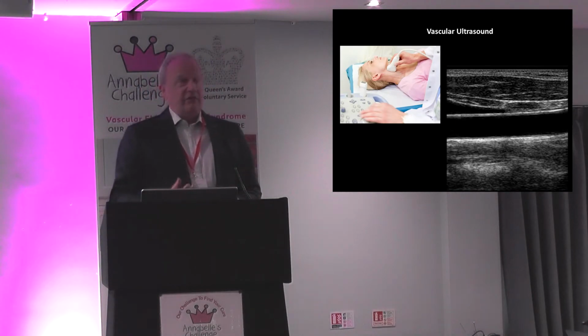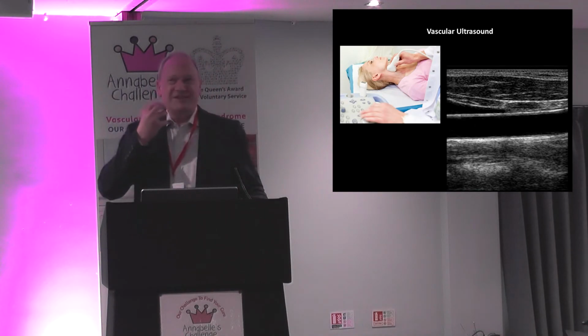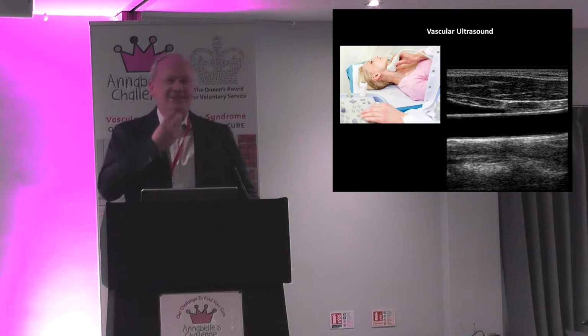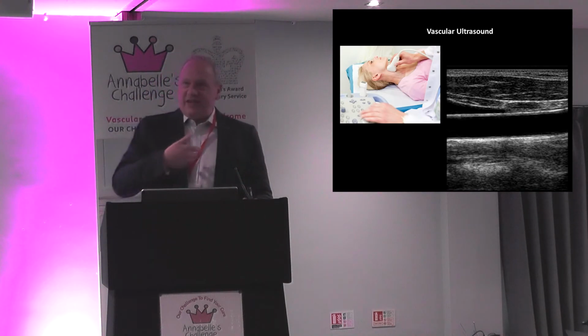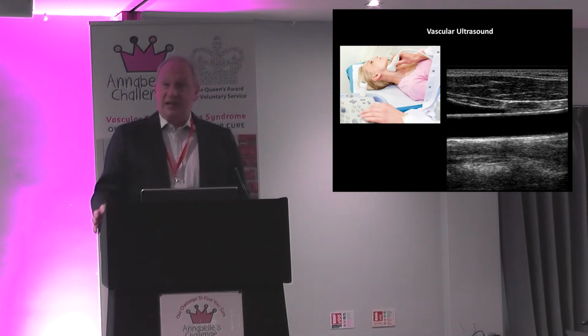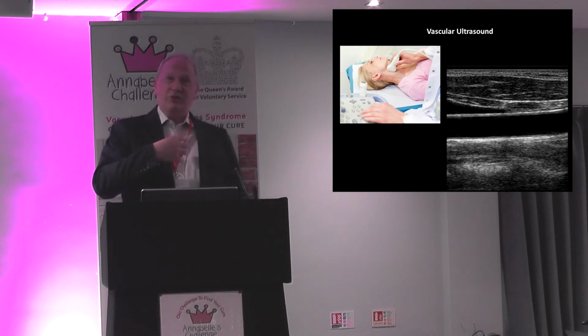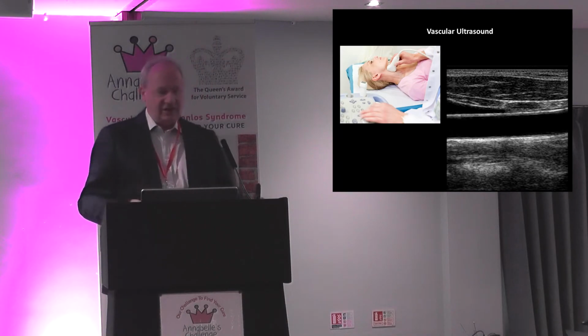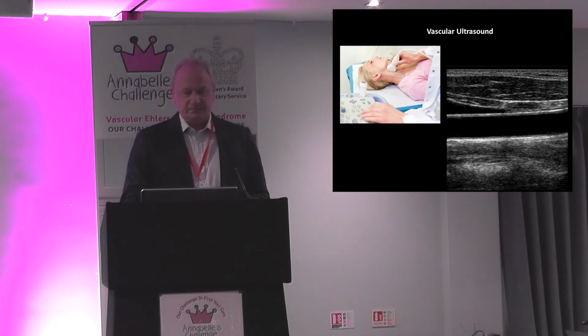So vascular ultrasound can be very good, but it lends itself to structures that are near the surface. So the neck is great, perhaps the leg, some of the arm arteries. You can scan the aorta in the abdomen, a little bit less clear, but nevertheless very good. Heart scans actually only show a relatively small part of the aorta, so they're not fantastic for showing the rest of the aorta that you might want to see. That's vascular ultrasound, and we use quite a bit of this.